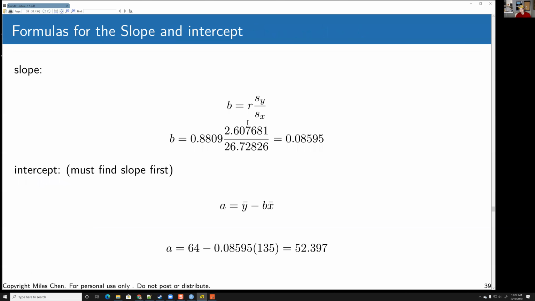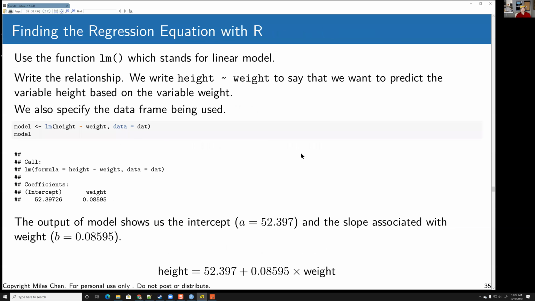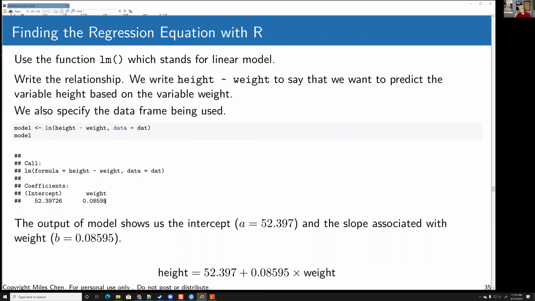So if I plug in those numbers and do the calculation, I get 0.08595. And indeed, if I go back here, the slope for our linear regression line is 0.08595.